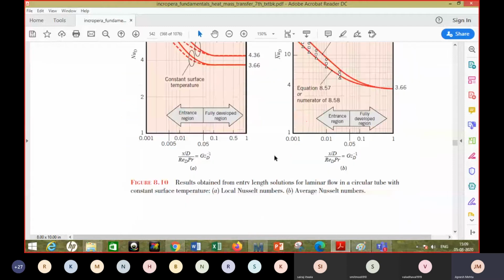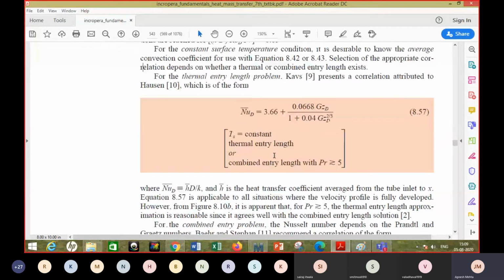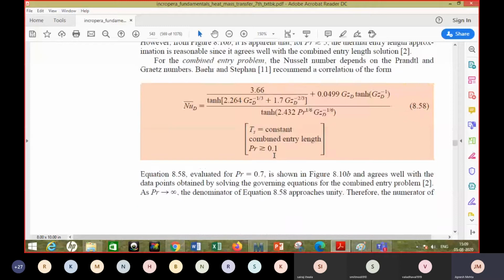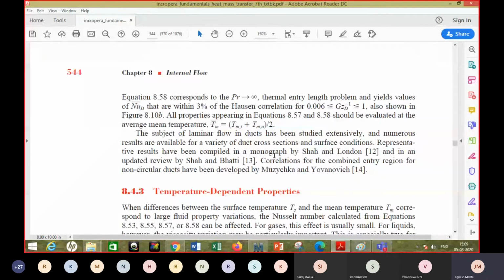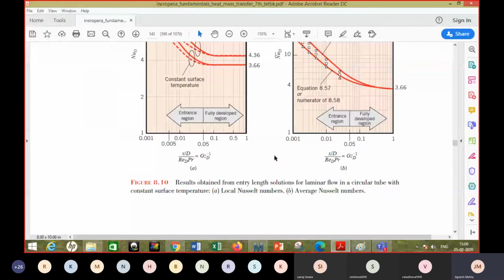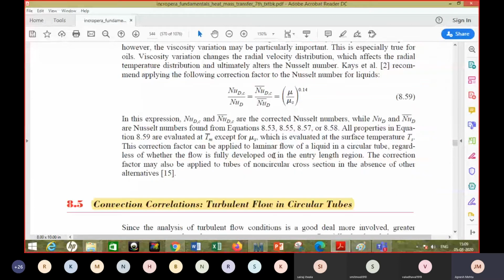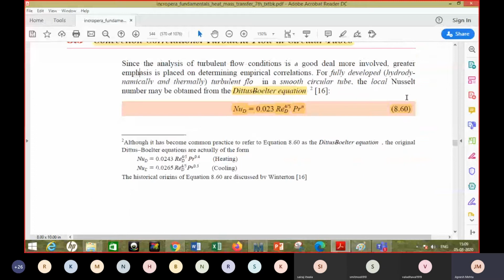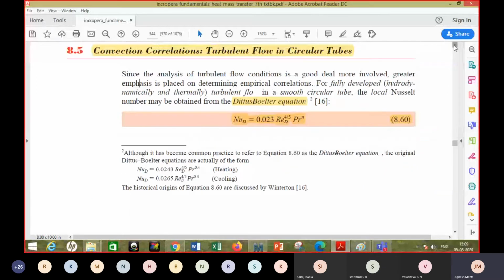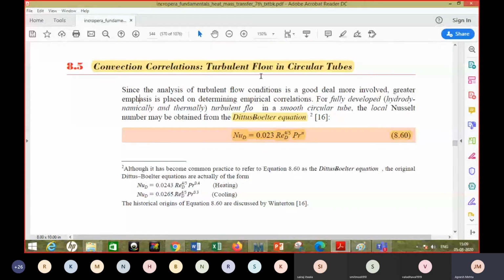But in case of turbulent flow, you have to depend upon the empirical correlations, right? We are not going to go into the analysis of the entry length, right? But we directly jump to the convection correlations for turbulent flow in circular tube.